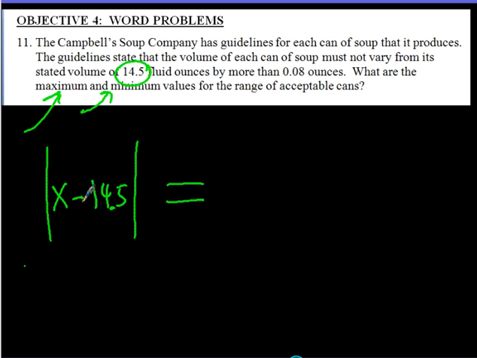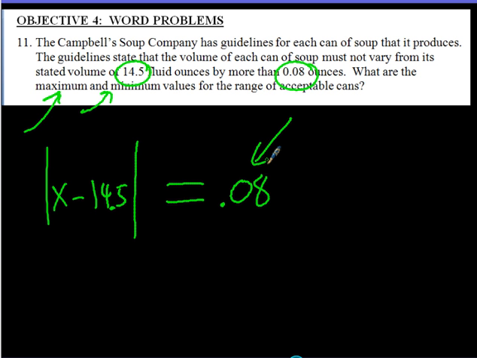And the difference, which is why I'm always subtracting in here if I have a positive number, the difference is subtraction. And that difference cannot exceed 0.08 ounces. So it can be more than 14.5 by that number or less than 14.5 by that number.